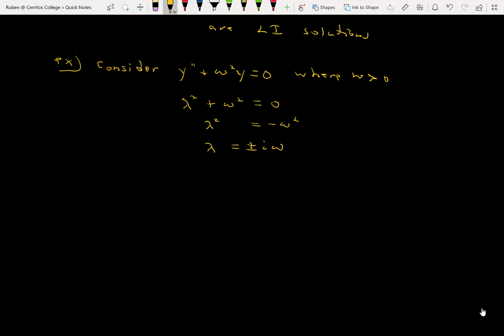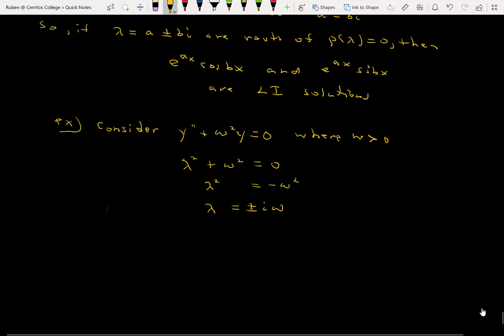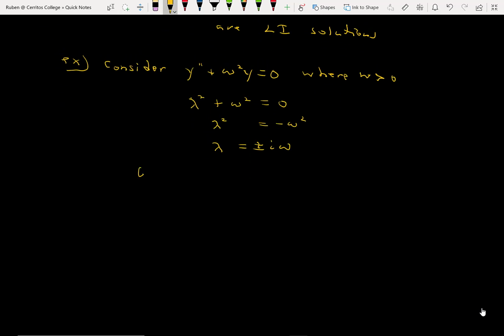So the theory above says that our general solution is immediate. The general solution is then y equals, well, it may not be clear, so I'm going to add a 0 real part to our lambda.